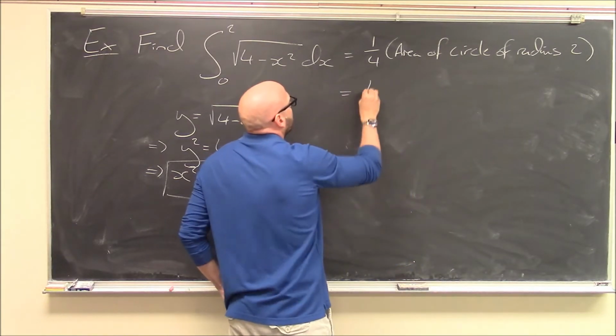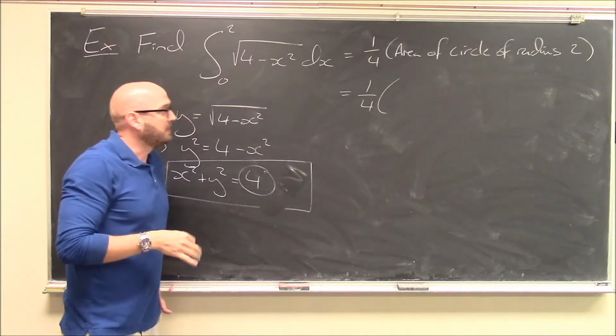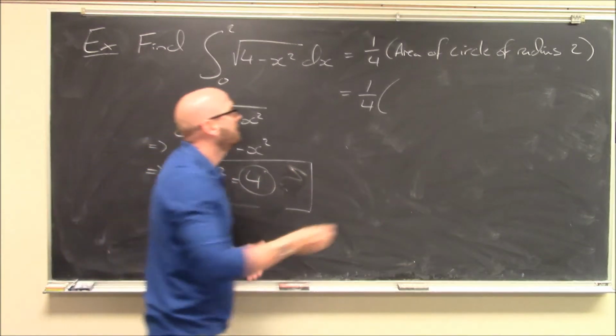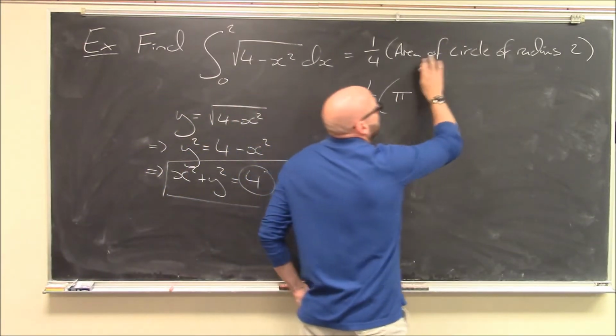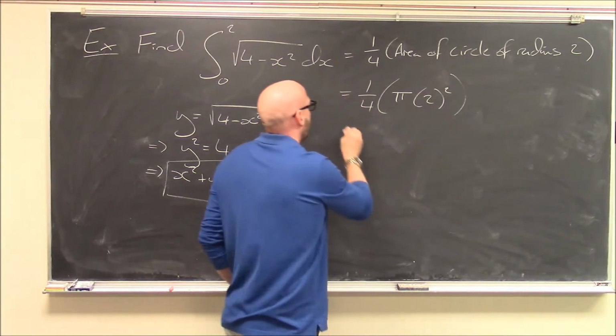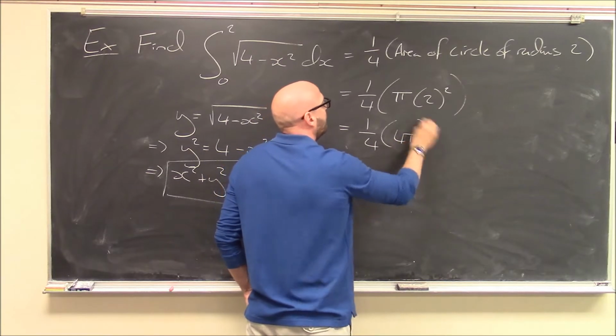It's 1/4 times, how do you find the area of a circle of a given radius? The area of a circle of a given radius is pi r squared. So this is going to be pi times the radius squared, 2 squared, which is 1/4 times 4 pi.